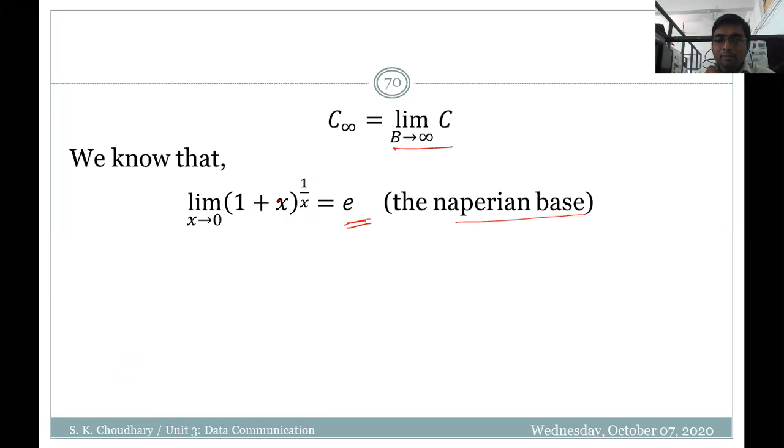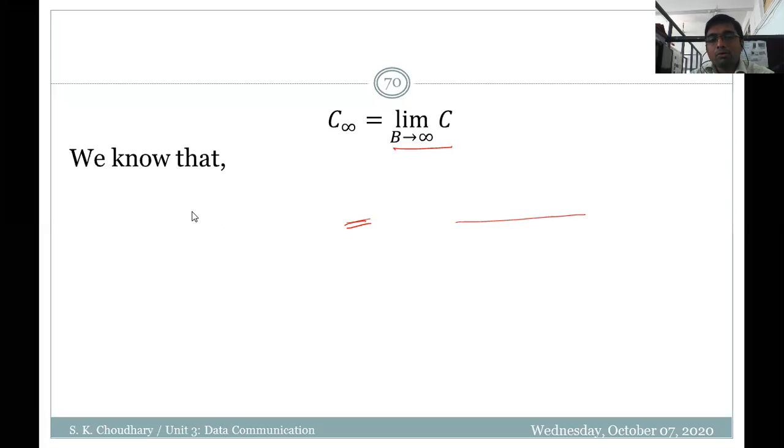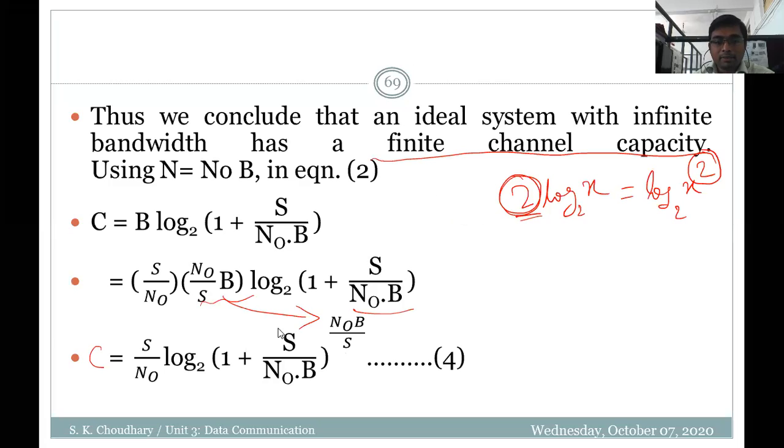The same condition we have got in equation number 4. That's why I am correlating the term with the formula of the Neperian base. In equation number 4 the same term is coming: log of 1 plus x, and it is 1 upon x.